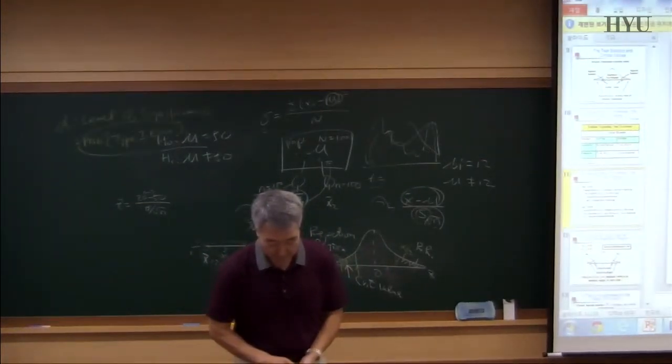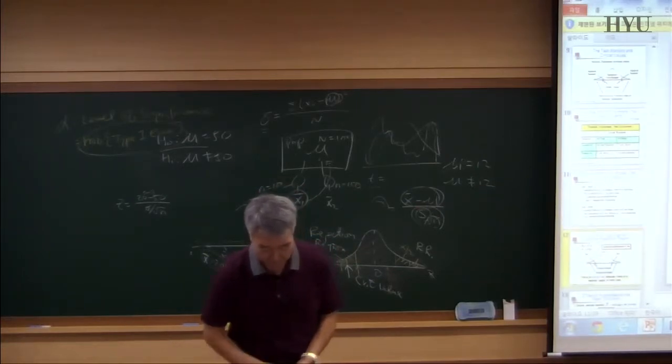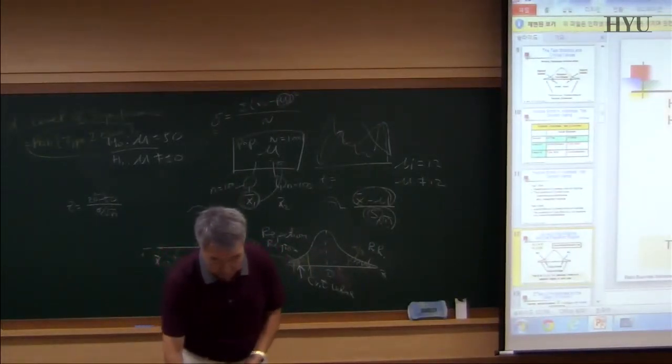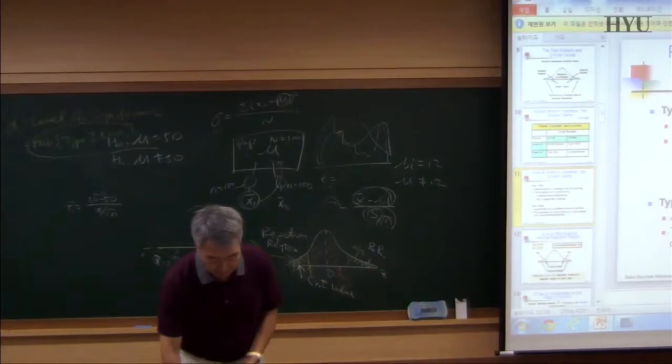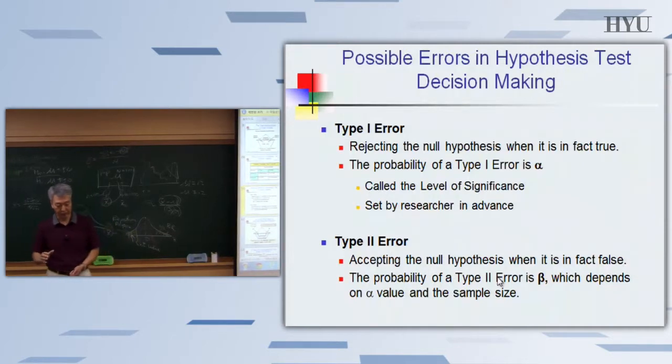Okay, so we've talked about all these things, type 1 error, type 2 error. Here, the probability of type 2 error is beta, which depends on the alpha value and the sample size. So there is a kind of trade-off between alpha and beta.